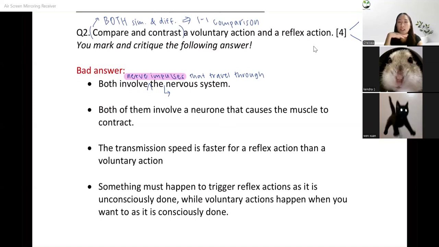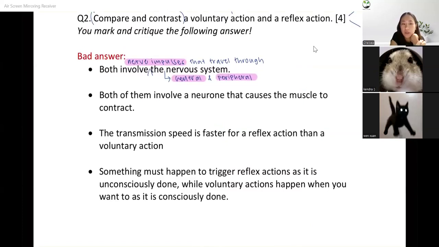Wenchen, you got it? Yes, very good. Central and peripheral. More keywords that I'm adding in. Both of them involve a neuron that causes the muscle to contract.